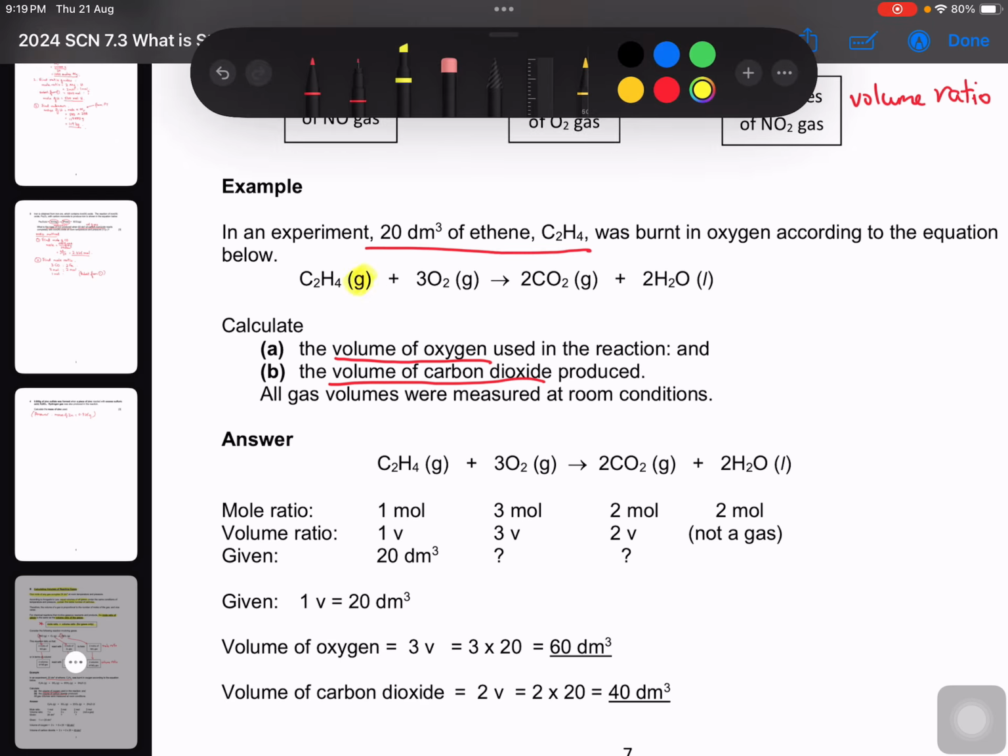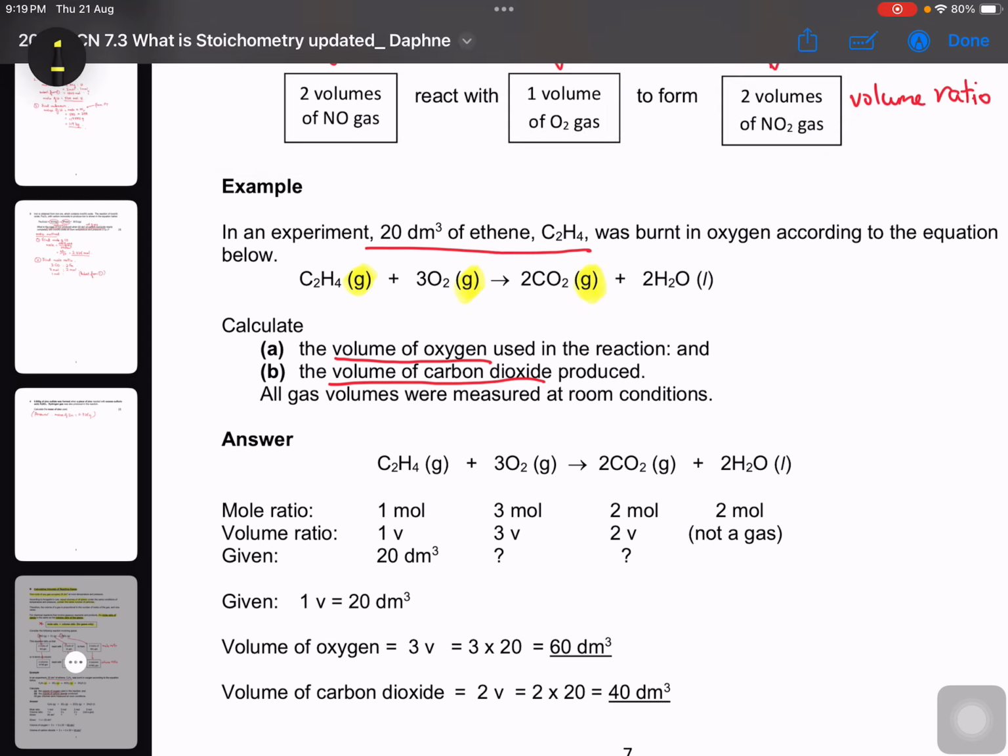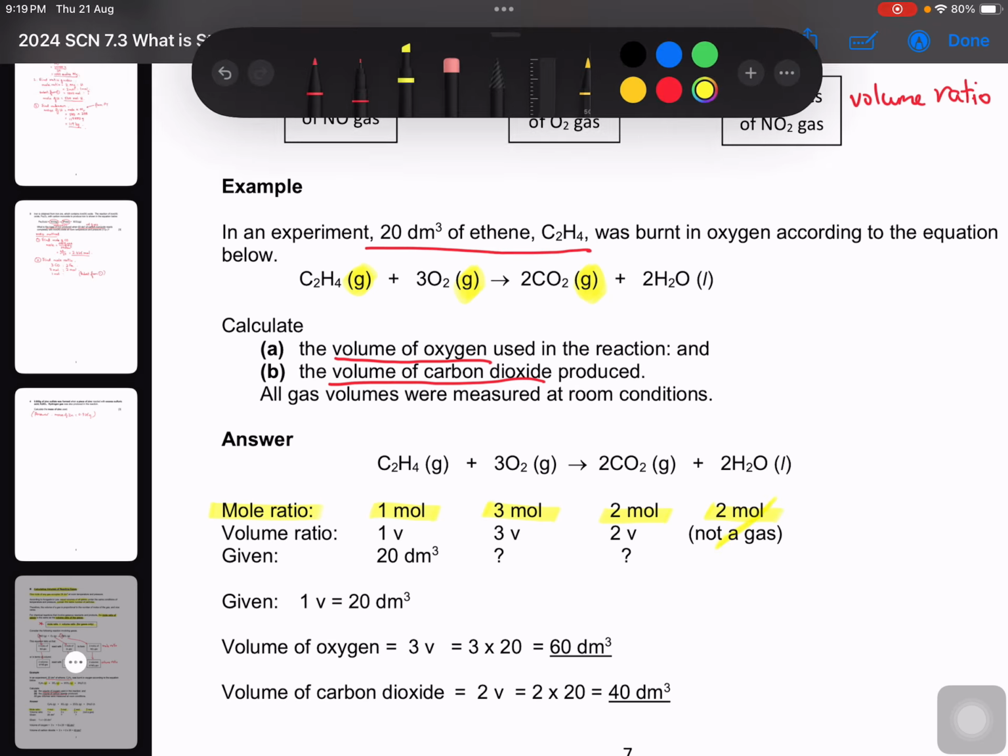We can only apply this method if they are all gases. Now let's write out the mole ratio: 1:3:2:2. Actually, this one cannot be used because this is not a gas, so it doesn't apply.